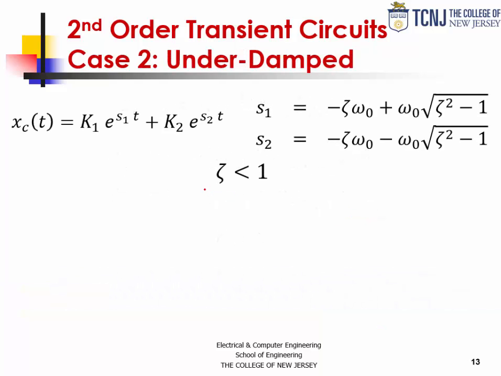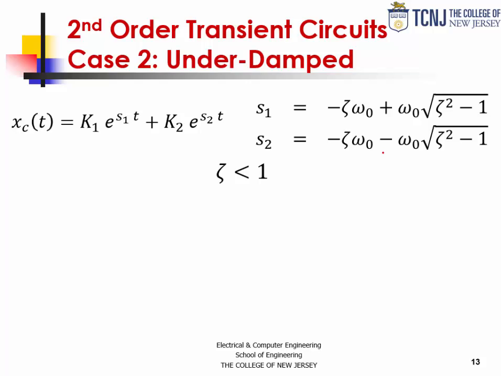The next case is when theta is less than 1. In that case, the number under the radical is going to be less than 1, and this expression is going to be imaginary.